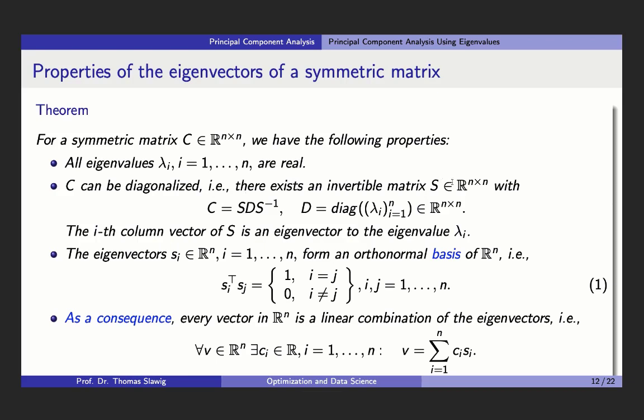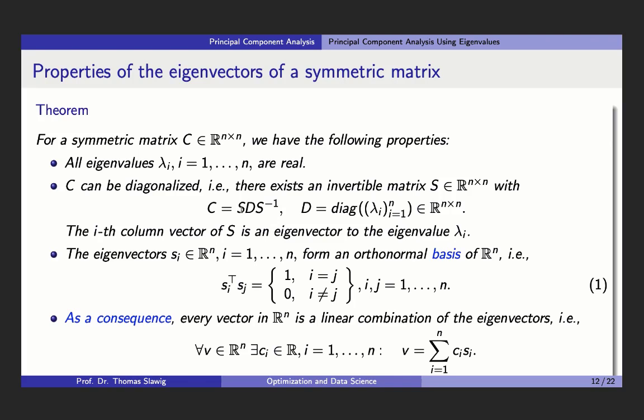So there is an invertible matrix, a regular matrix, which can be combined in this way with the diagonal matrix, where in the diagonal matrix there are the eigenvalues, and then we multiply with the inverse, and this gives the original matrix. So we can write it as a product of a matrix, a diagonal matrix, and the inverse of the first matrix.